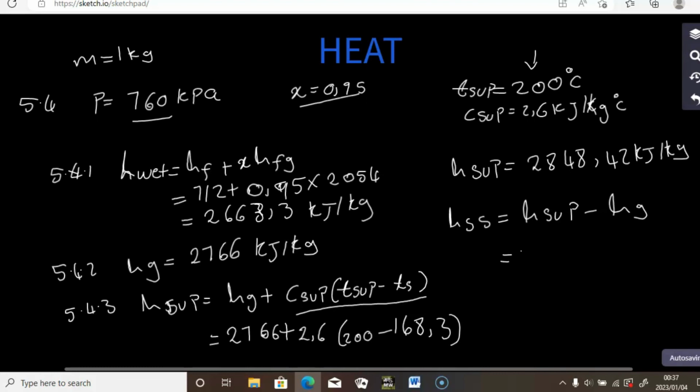It's going to be 2848.42 minus our Hg, which is 2766, and I got that our answer from here is equal to 82.42 kilojoules per kg.